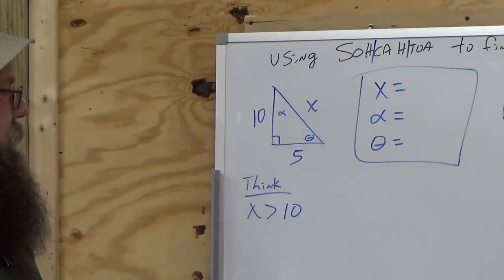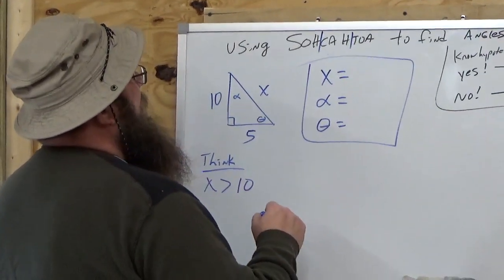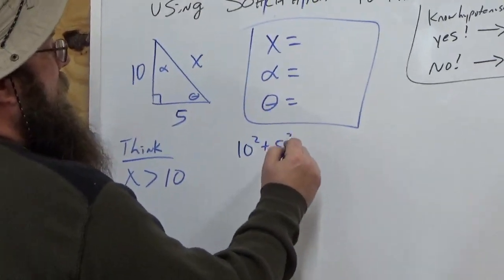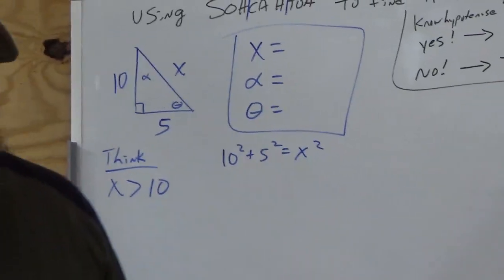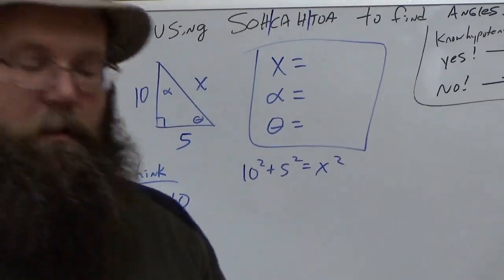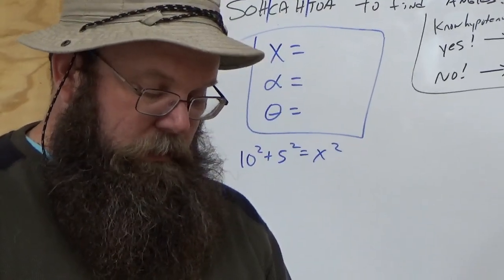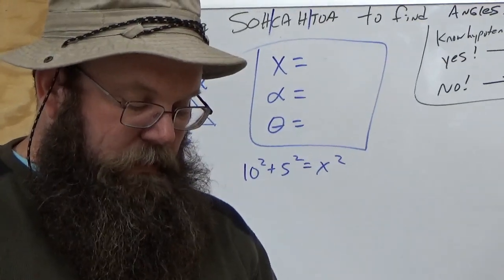Why? It's the hypotenuse. How are we going to find that hypotenuse? Well, Pythagorean Theorem. Okay? So 10 squared plus 5 squared, 125.